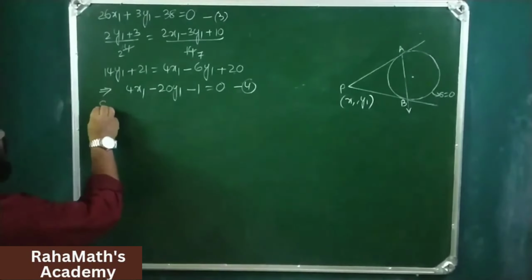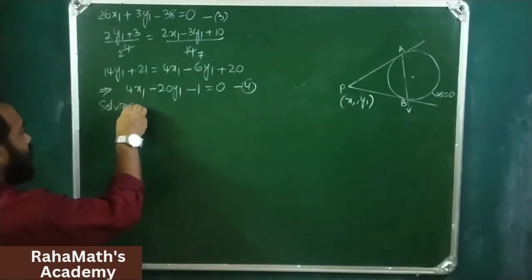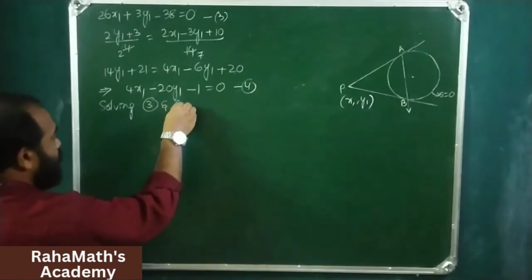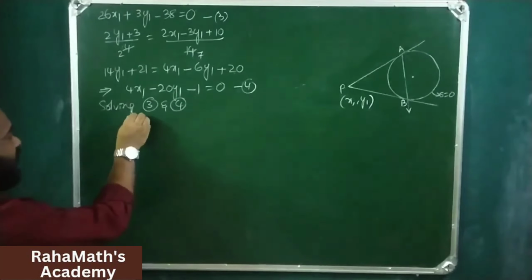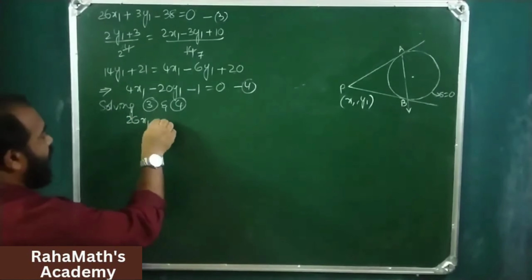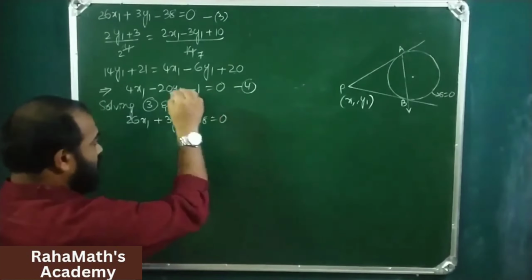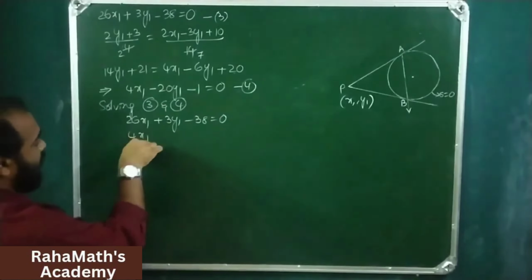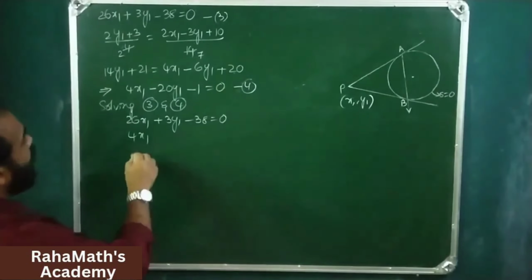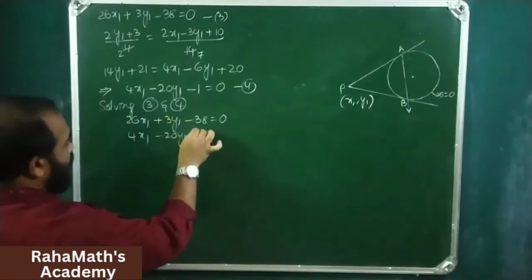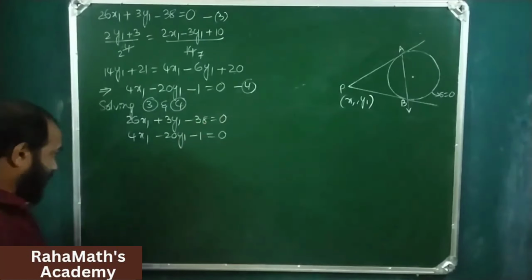So solving 3 and 4: 26x1 plus 3y1 minus 38 equals to 0, and 4x1 minus 20y1 minus 1 equals to 0.